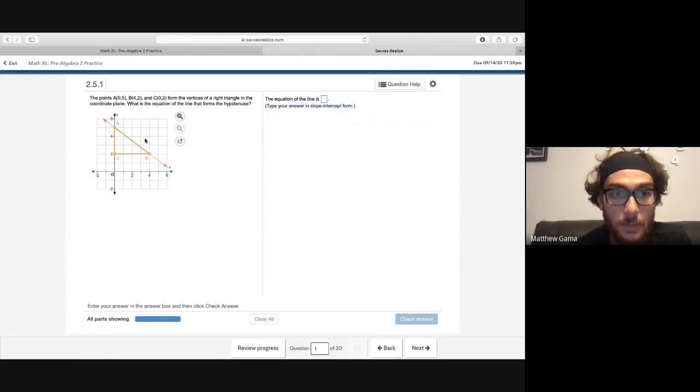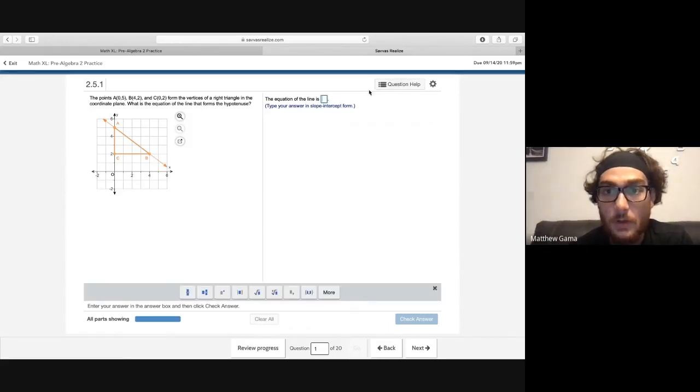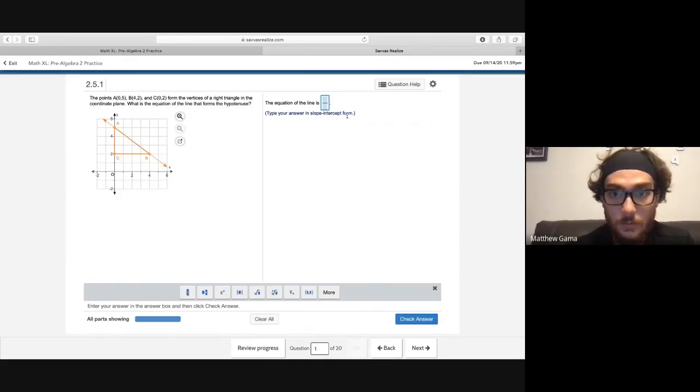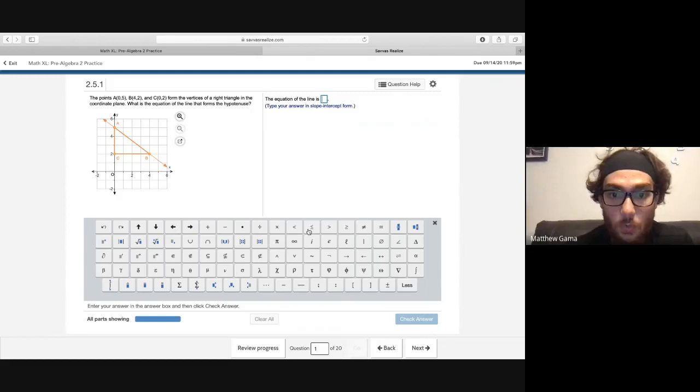Hopefully you know this is the hypotenuse, because the right angle is right here, and you're just going to try and find that equation. When you type it in, you're going to type it in here. As you can see down here, you can do fractions, mixed numbers, exponents, square roots, make ordered pairs. And if you press more, it'll give you a huge keyboard.